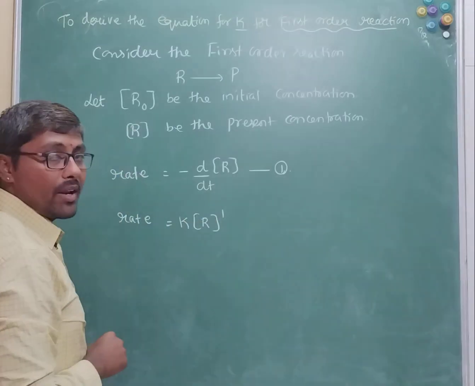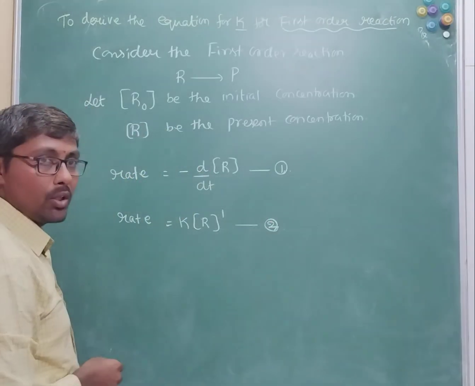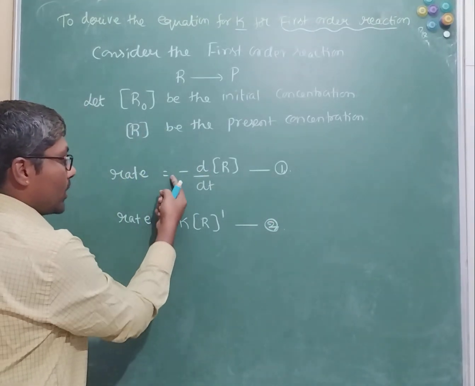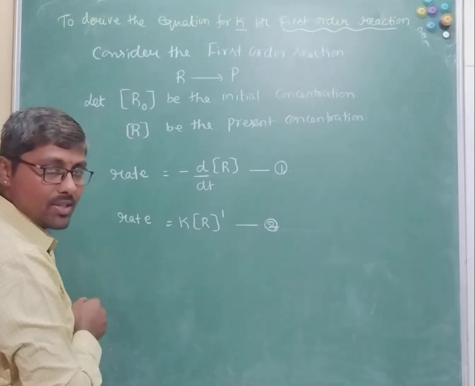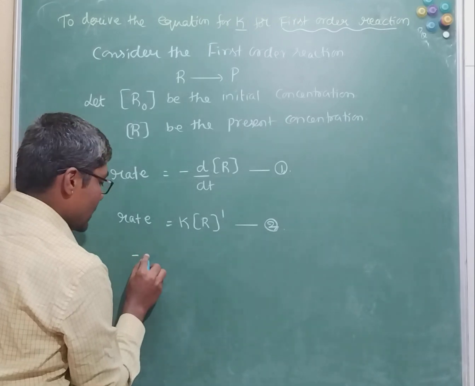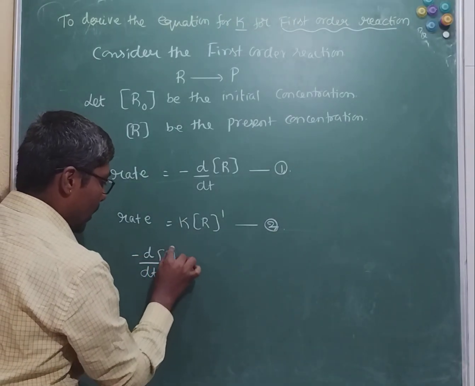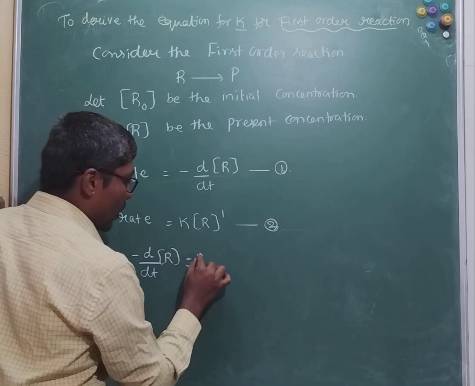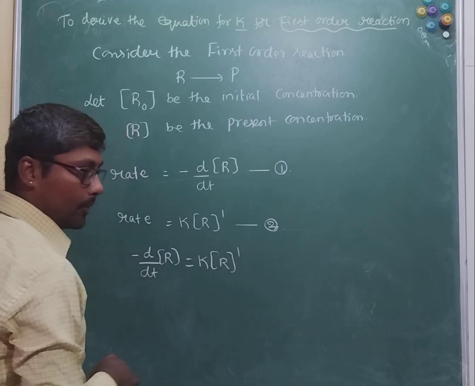This is equation 2. From equations 1 and 2, both are the rate, so I can equate the right-hand sides. So minus d by dt of R is equal to K into R to the power 1.